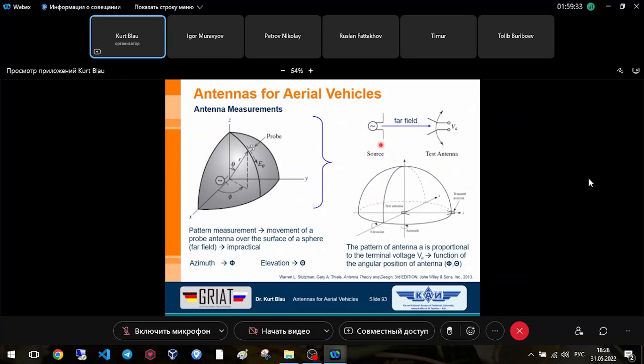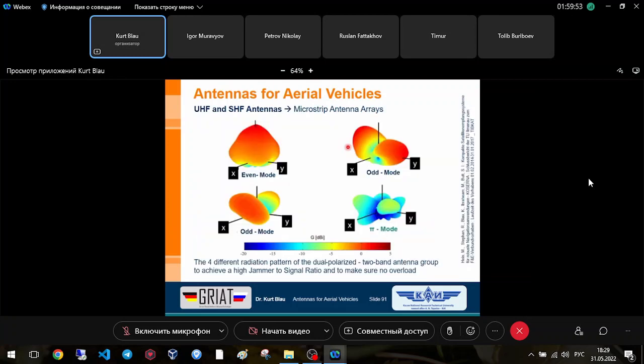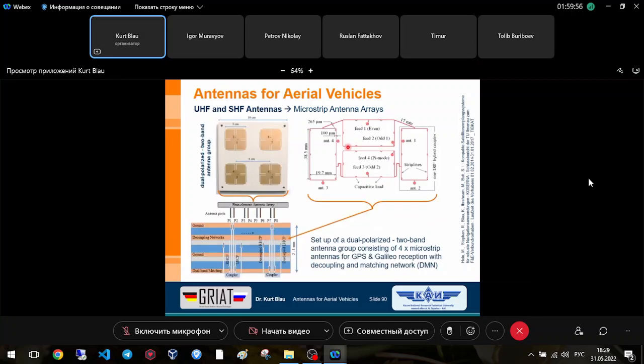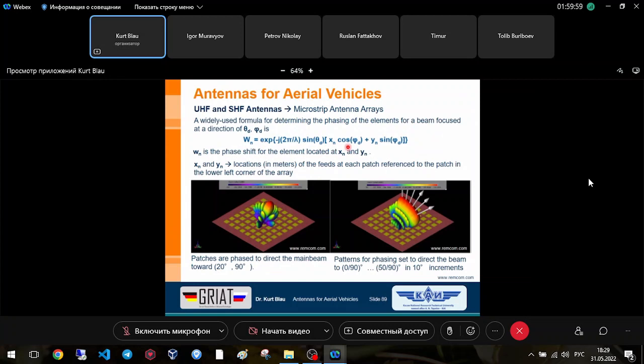And now, before we come to the noise behavior of an antenna, we have to discuss antenna measurements. It should be clear that if you have realized an antenna, we want to know what happens in practice, how our antenna fulfills the demands that we had to realize.